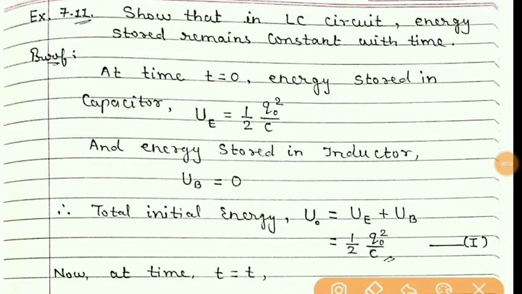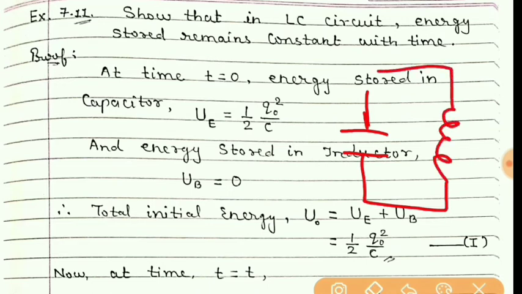So now students, let us consider an LC circuit. Initially, the charge on the capacitor is maximum. That is, the capacitor is fully charged and then it is to be connected with the inductor.